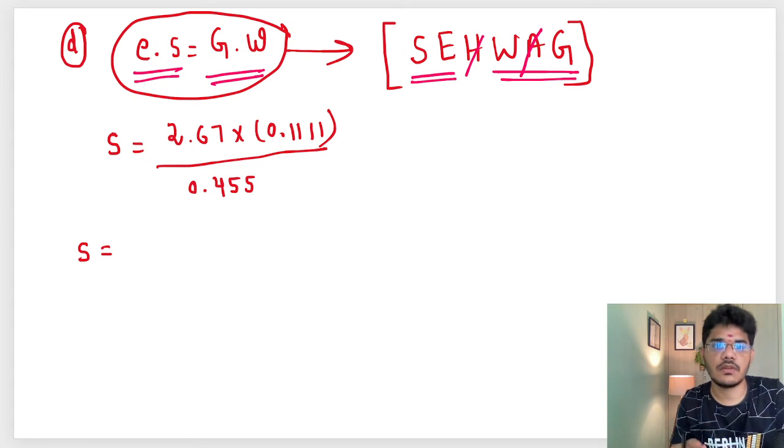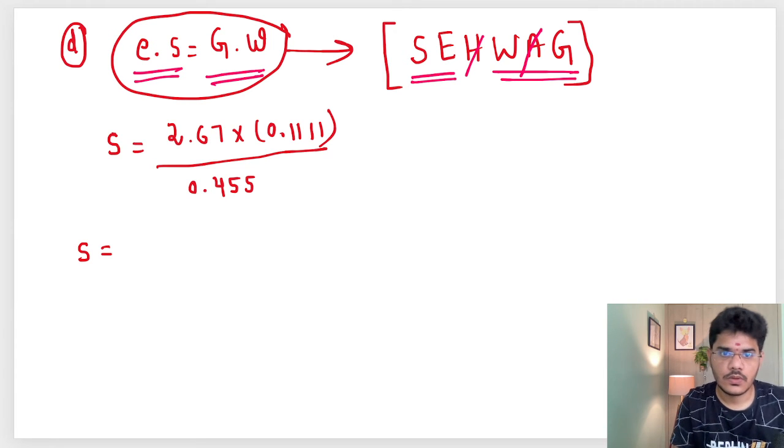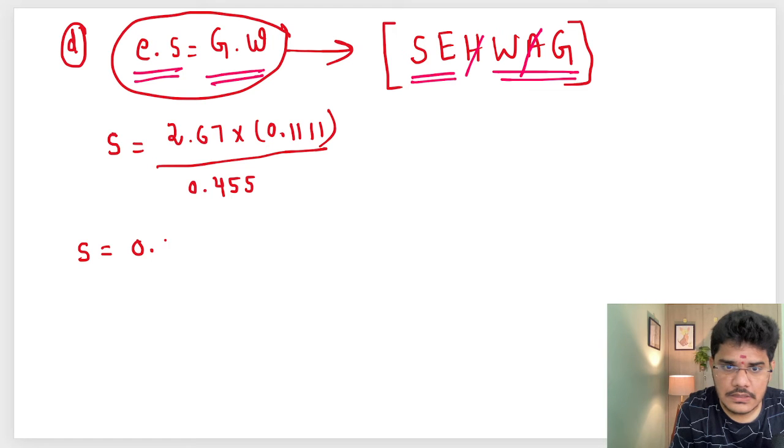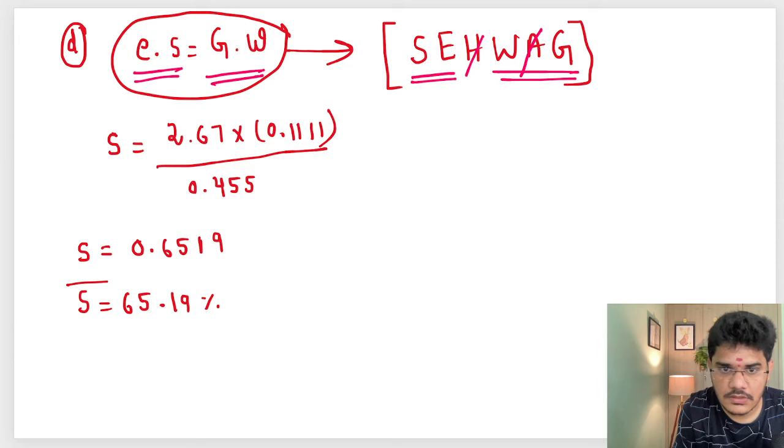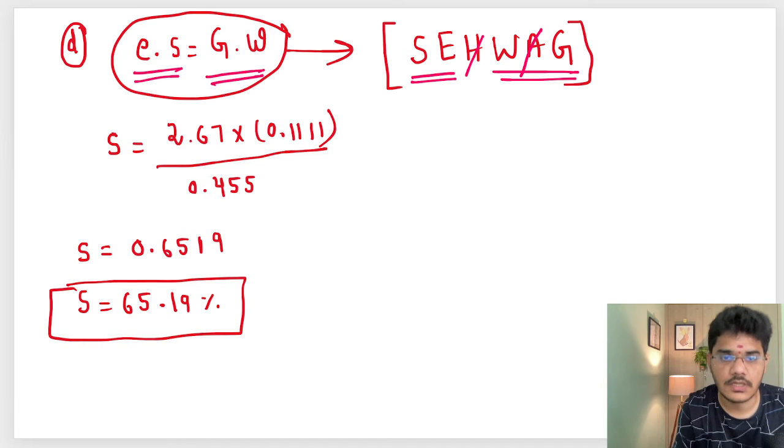So degree of saturation is equal to 2.67 into 0.1111 divided by 0.455. So 0.6519, that is nothing but 65.19%.